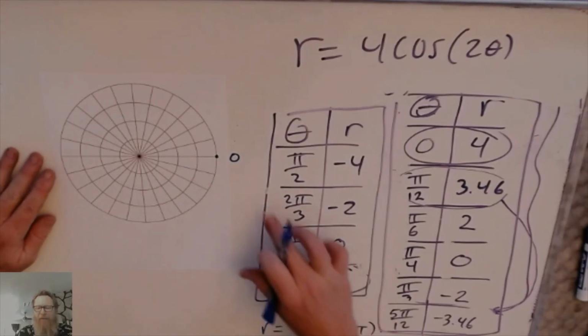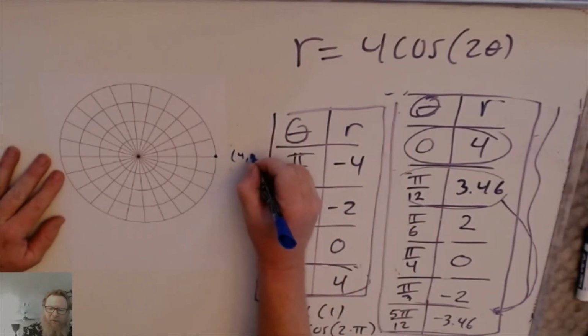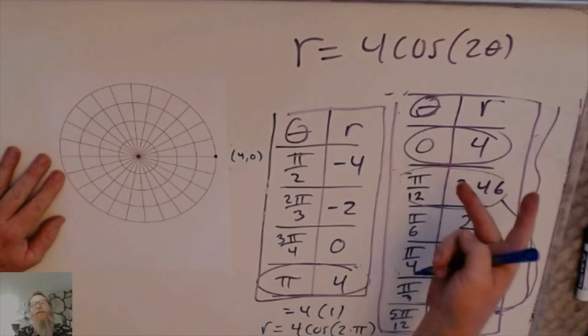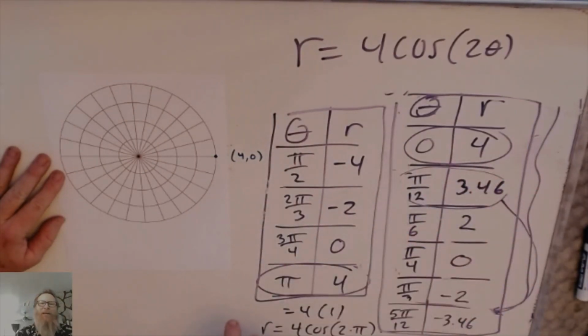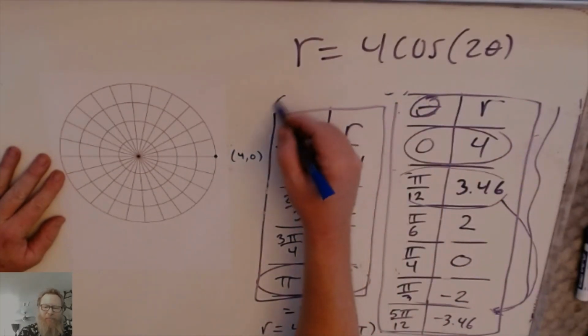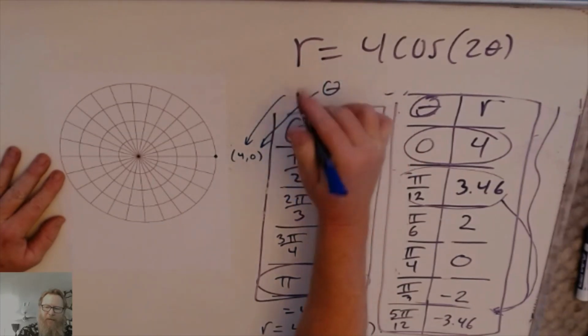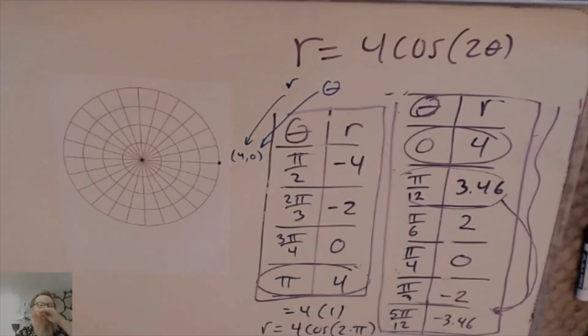Now, I should mention, when you put them over here, it's technically like this, 4, 0, which is one of the dangers of writing them this way. The r comes first and then the theta. I know, I probably should have made my table the other way, but it doesn't matter. I'm not going to label every point anyway. You've got them all right here anyway.